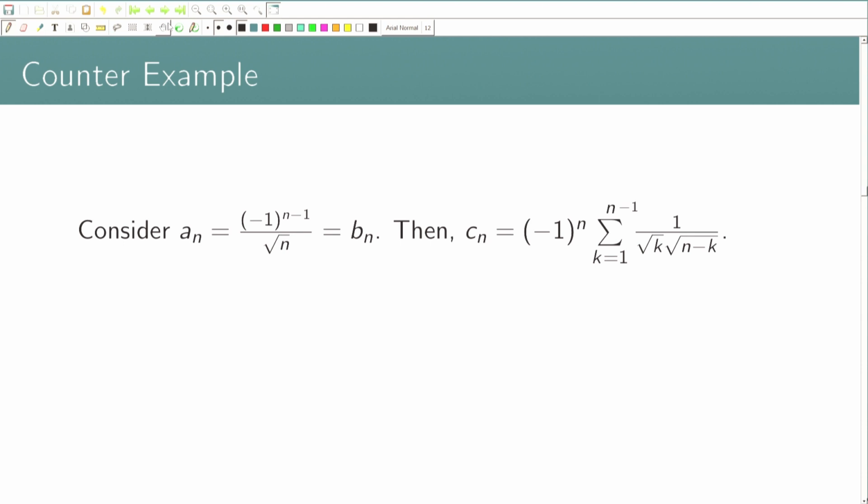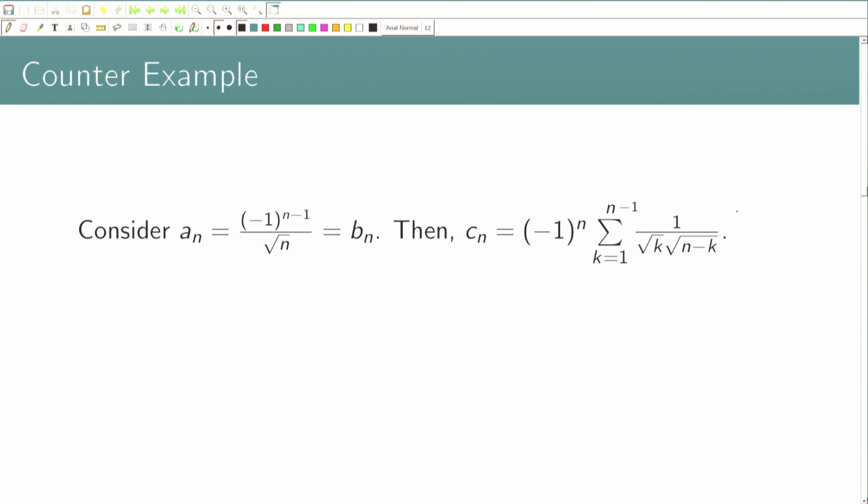Now, if I compute C n, then this is going to be minus 1 to the power n minus 1, the sum over k of 1 over square root of k into minus 1 to the power n minus k plus 1, 1 over square root of n minus k.